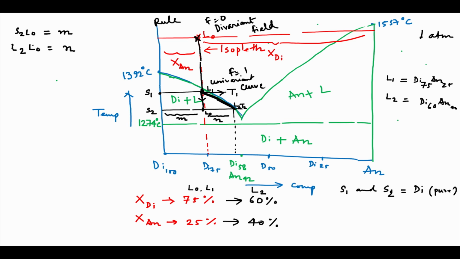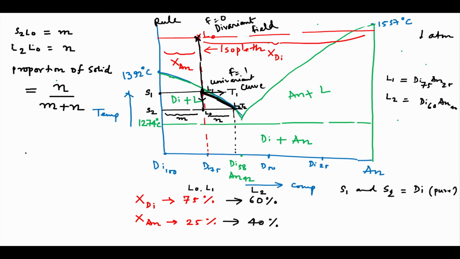So, if you want to calculate the proportion of solid, or fraction of solid, that will be equal to n divided by the total length, that is L2 S2, that is m plus n.